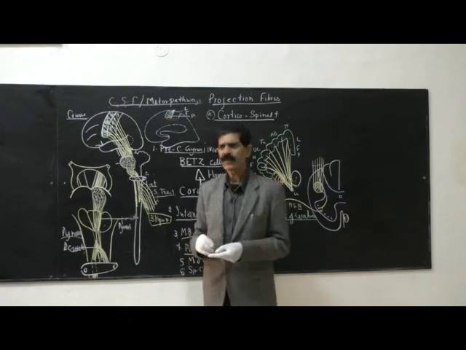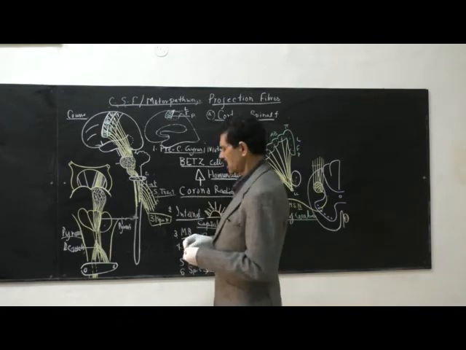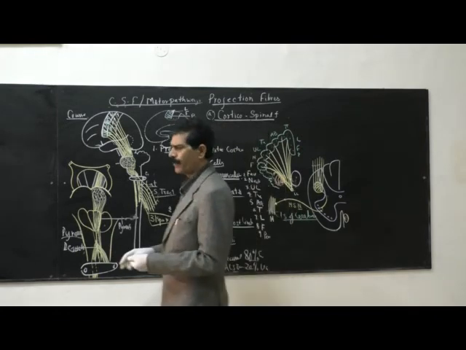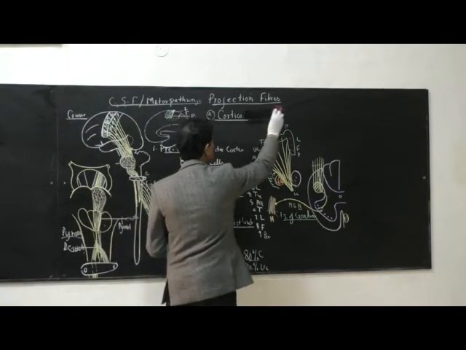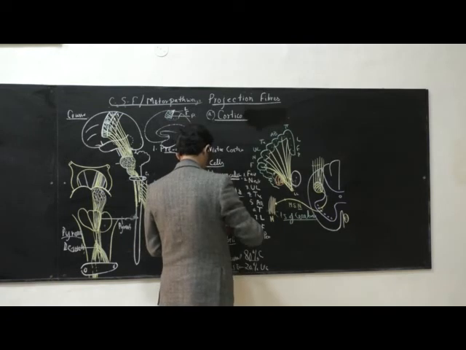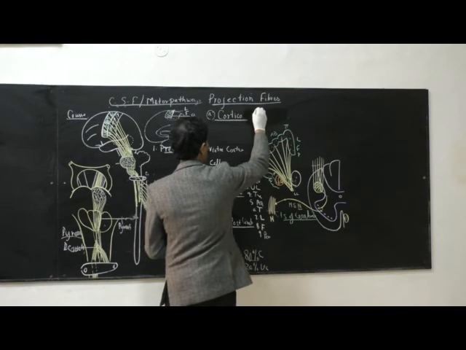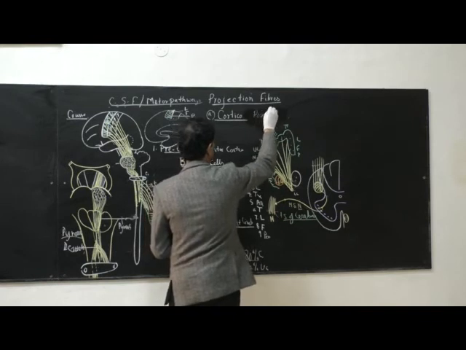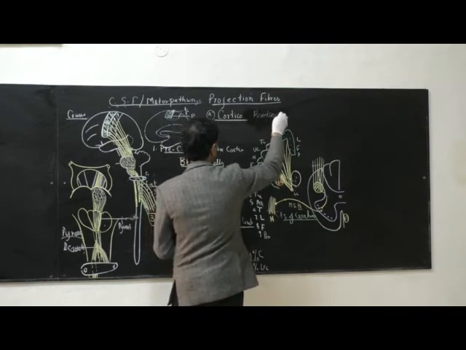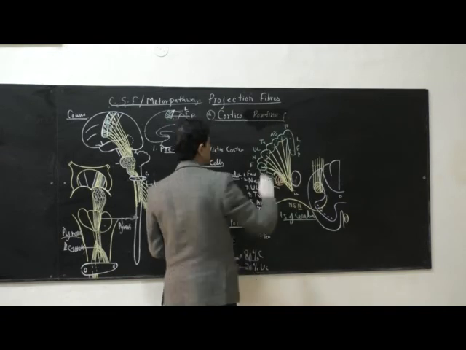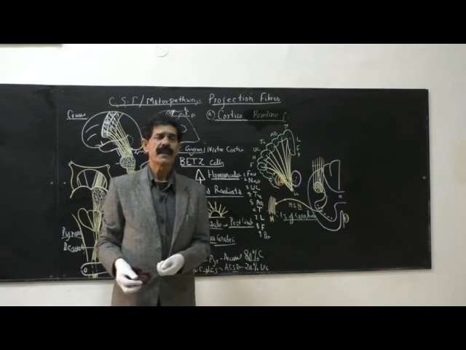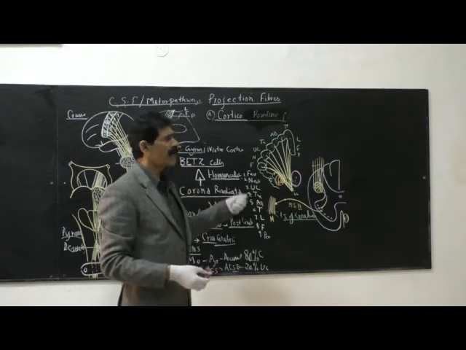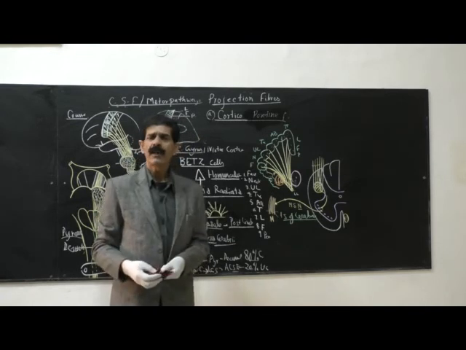Now the next type of fibers present in the cerebral white matter are the corticopontine fibers. As the name suggests, corticopontine fibers start from the cerebral cortex or gray matter, and pontine means they end in the pontine nuclei.